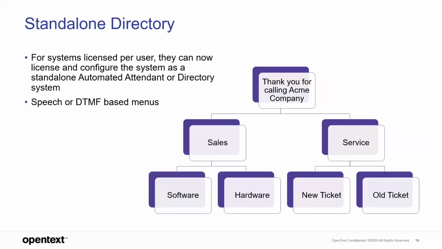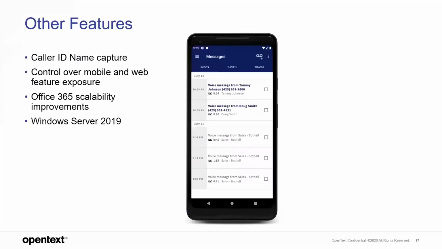If all you want is an auto attendant, we've got the ability to deliver the product in that manner. But for our existing sites, you've got full access to automated attendant, so I don't think this will matter too much to you. Other features, there's a lot packed into this release.